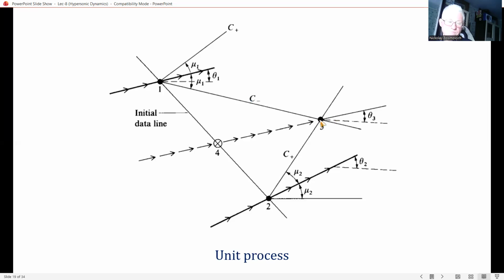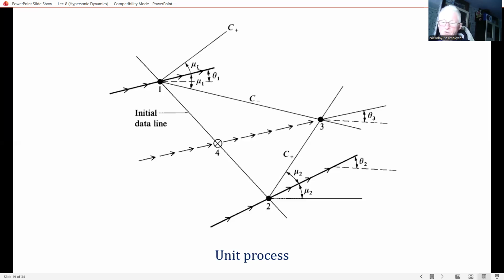Assume that the streamline through point 3 has the angle theta 3, where theta 3 is an average between the known theta 1 and theta 2. By the way, this assumption is made more accurate by iterating the unit process, as will be noted a bit more later. Then trace the streamline at point 3 backward until it intersects the initial data line at the next point, point 4.